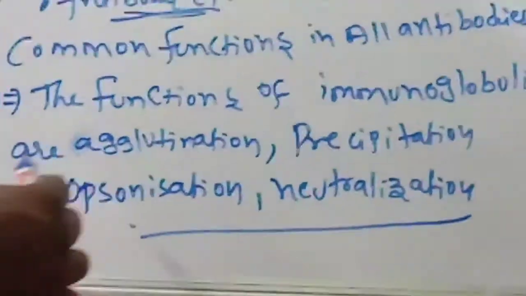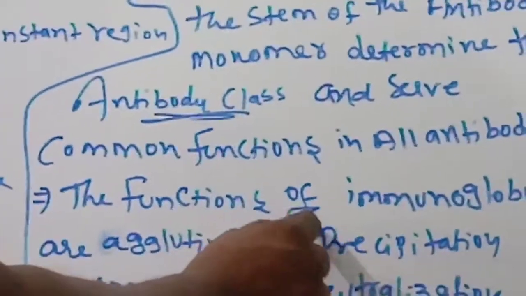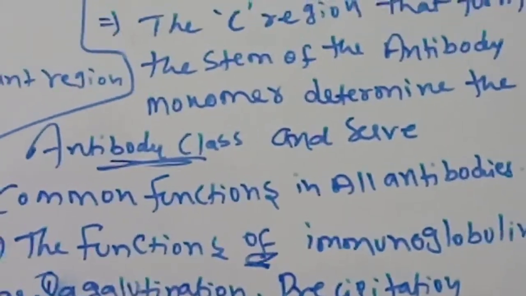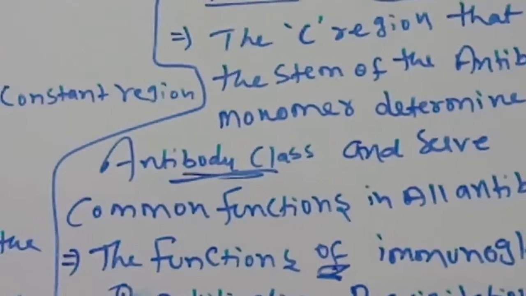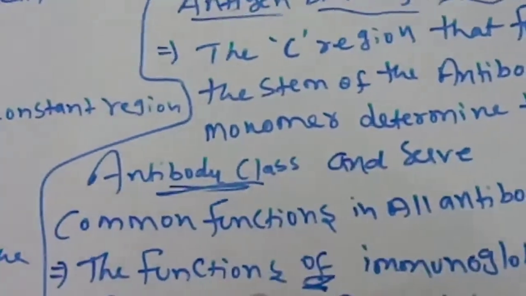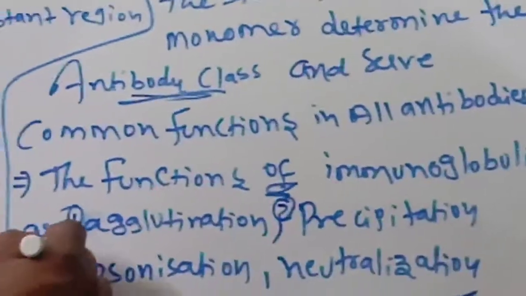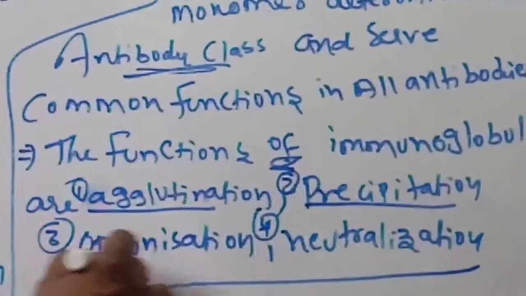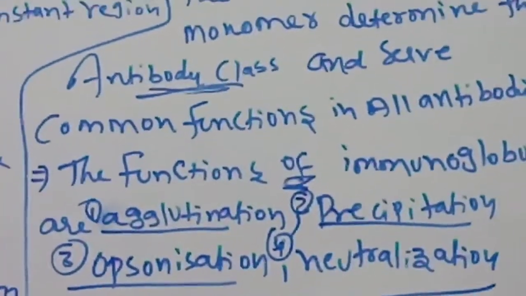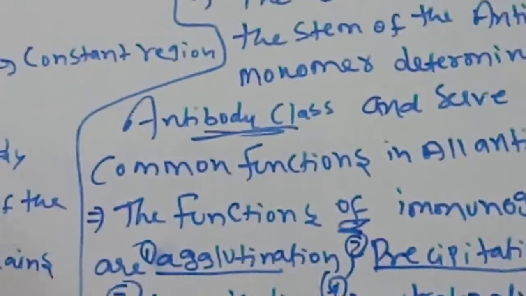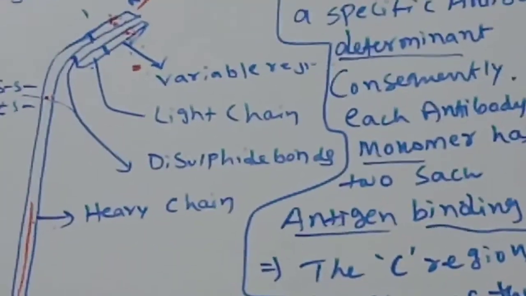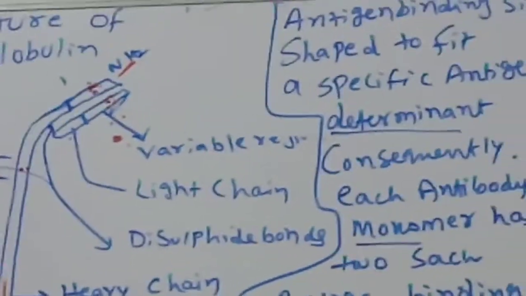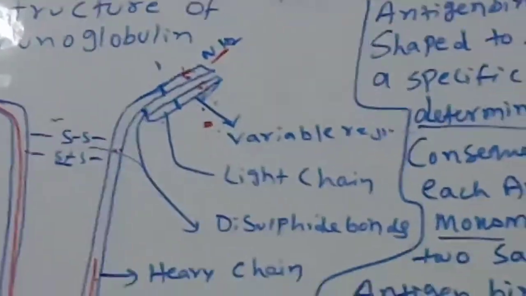The functions of immunoglobulin are agglutination, precipitation, opsonization, neutralization. Okay children, one by one we are going to discuss each of them. What is agglutination? What is precipitation? What is opsonization? We will be discussing now.